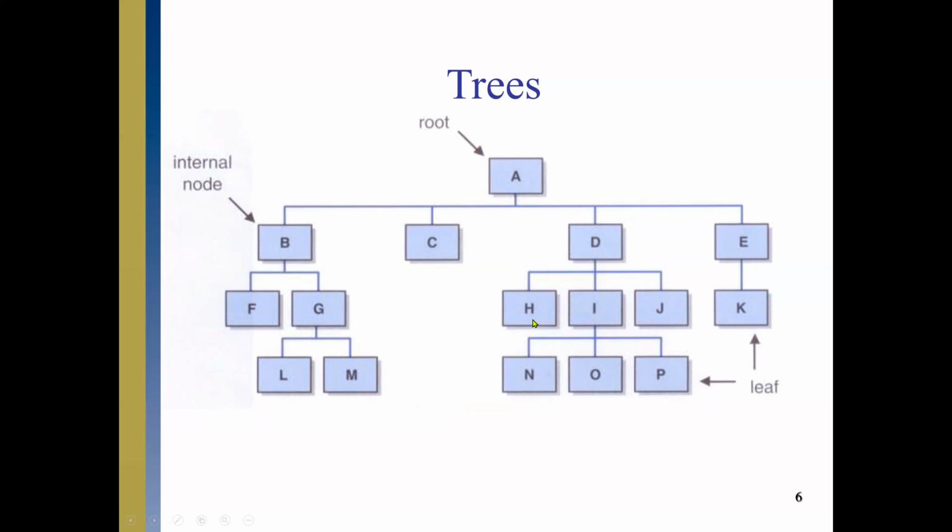Actually, previously I mentioned it's an internal node. We can see again, H doesn't have children, so it's a leaf. So from A, D, H, I will end up at H because it's a leaf. Now, if I want to reach N, I have a couple of options. The path can be A, D, then I, then N.